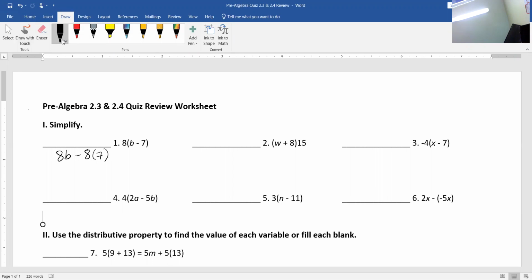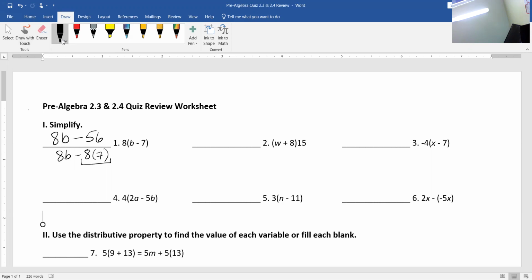Okay, so again, we can solve our integers here. So your answer becomes 8b minus, and then 8 times 7 is 56. So your answer is 8b minus 56.